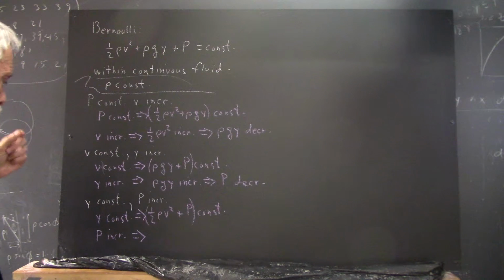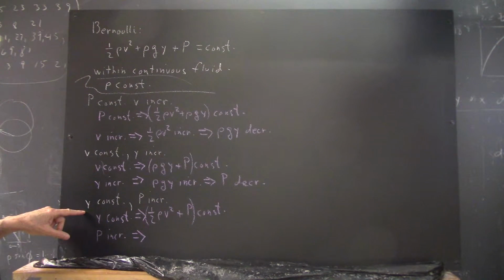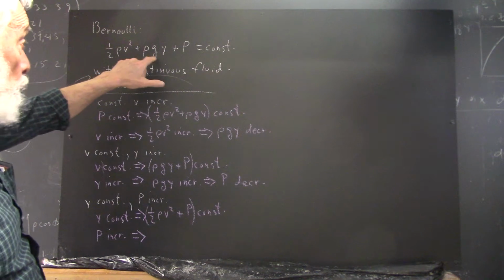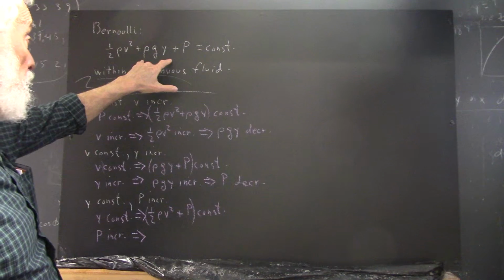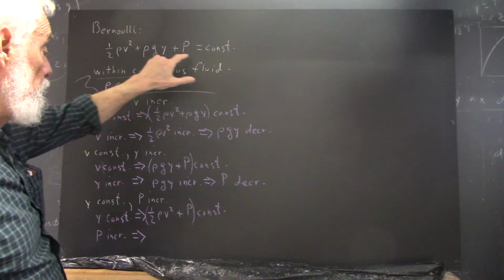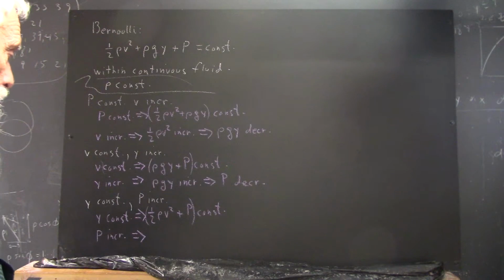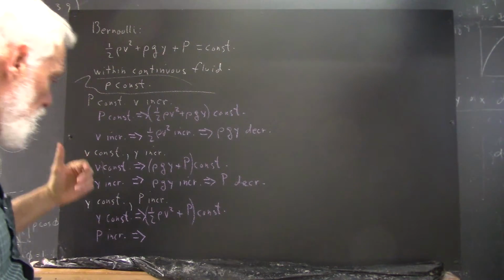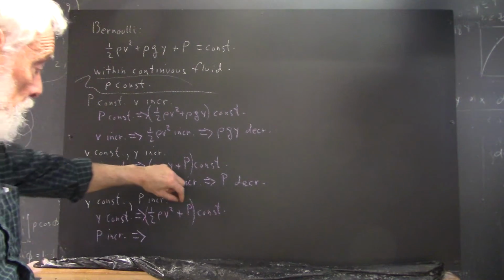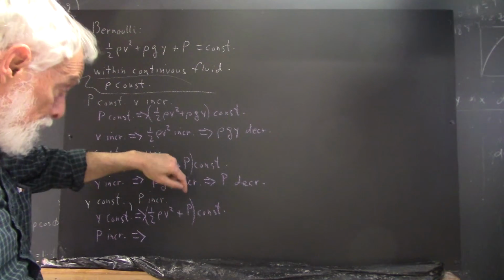Now, if y remains constant, what's that mean? That means that rho gy has to remain constant, so that this plus this, the 1/2 rho v squared plus p, has to remain constant. Then, if p increases, well, this part of this sum increases.